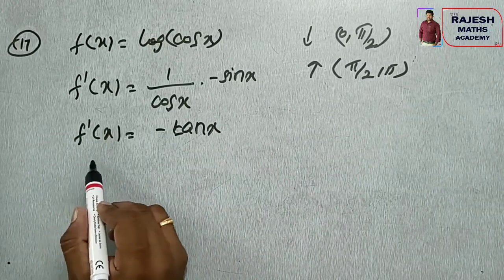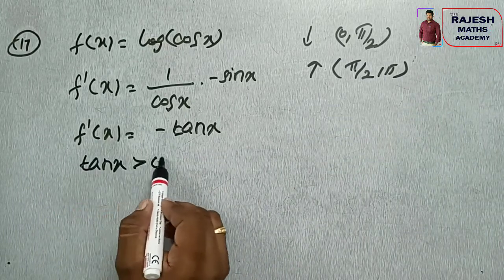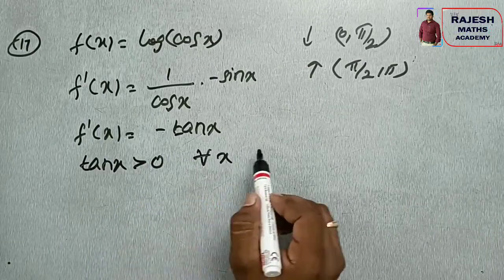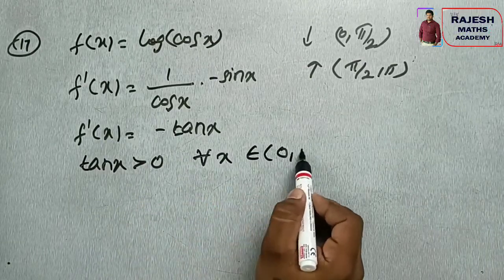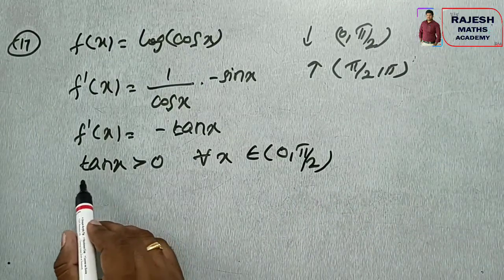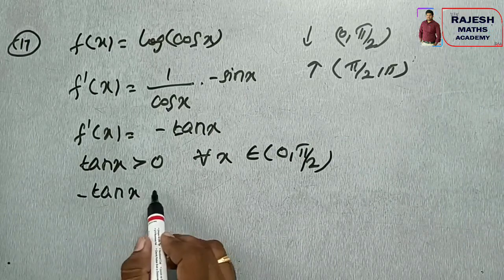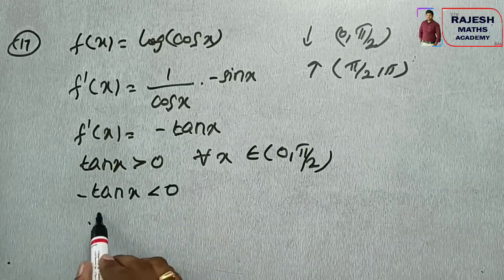Now clearly we know that tan x is greater than 0 for all x belonging to 0 to pi by 2. Now we need minus tan x, so multiplying by minus means the inequality will reverse. So minus tan x will be less than 0.